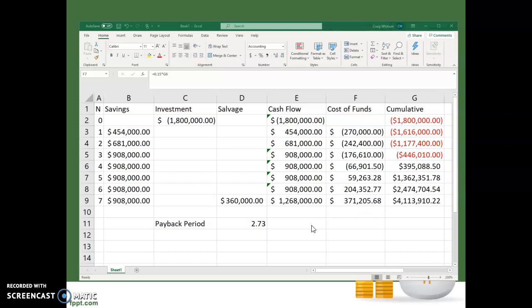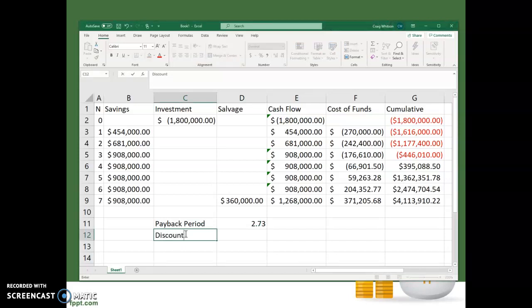And so if we're looking at our payback period here, when we did not consider the cost of funds, we had a payback period of 2.73. So if we look at the discount payback period, it is going to be what? It's going to be somewhere between years 3 and 4. In year 3, we still have a negative balance. In year 4, we have a positive balance.